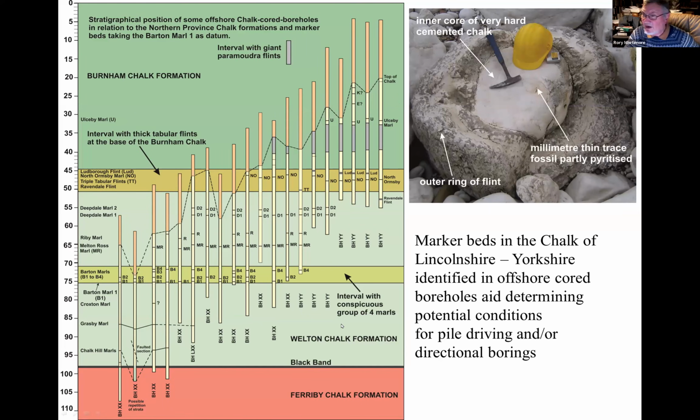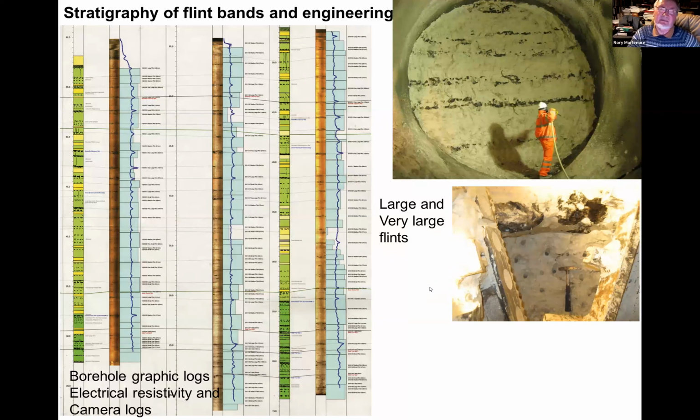So knowing your marker beds and building the ground model like this becomes quite important for a number of engineering operations. And it's not just up there on the Yorkshire coast.